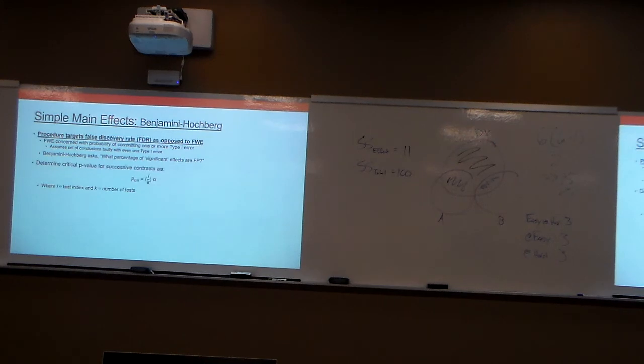And so we take a little bit different approach. For Benjamini-Hochberg, we determine a critical p for each successive contrast, and your p-critical is calculated as equal to i, which is the test index, which we'll talk about in a moment, over k, the number of tests, times your alpha level.